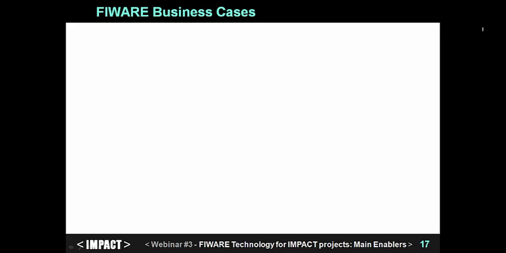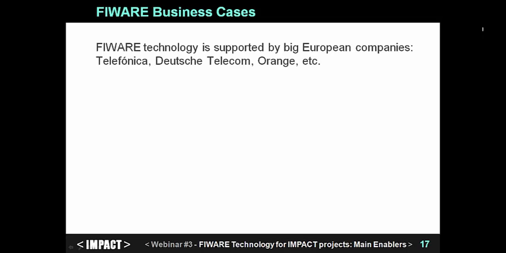Before we continue, I'd like to talk a little bit about the real world use of FIWARE technologies and FIWARE generic enablers. You may be thinking that, yes, this FIWARE technology looks good, but is it real? Is it possible to build great products, great technology using it? How easy is it going to be?